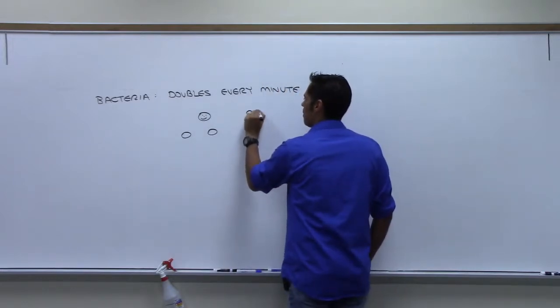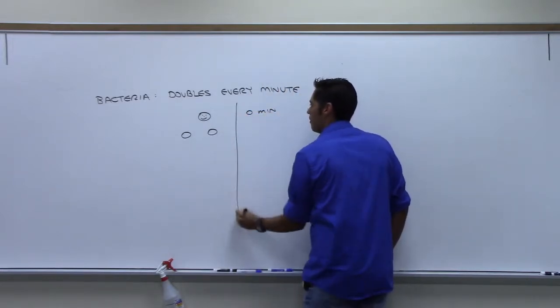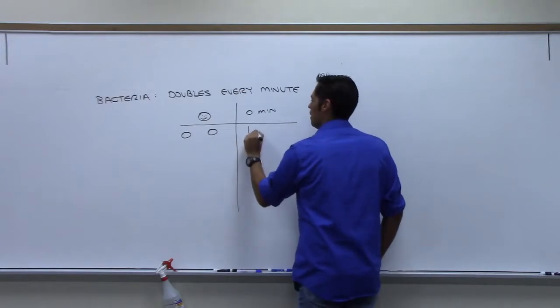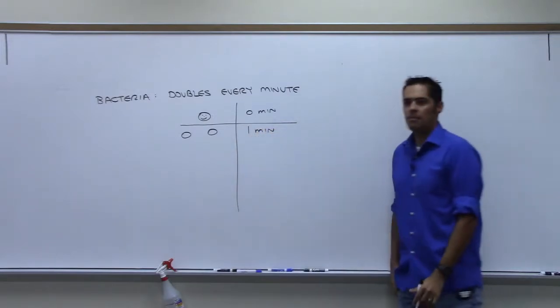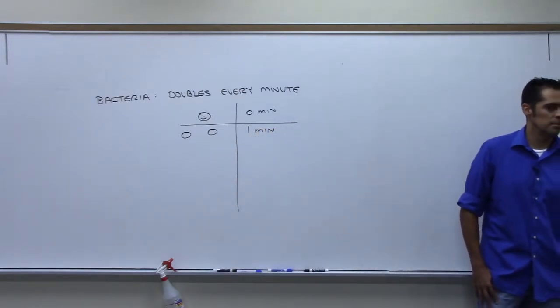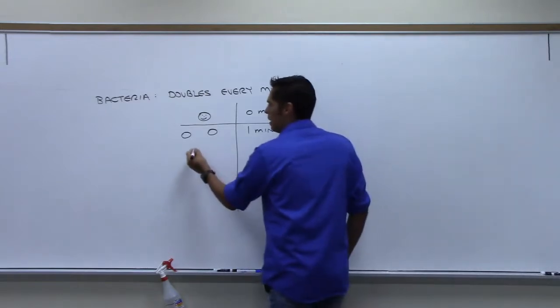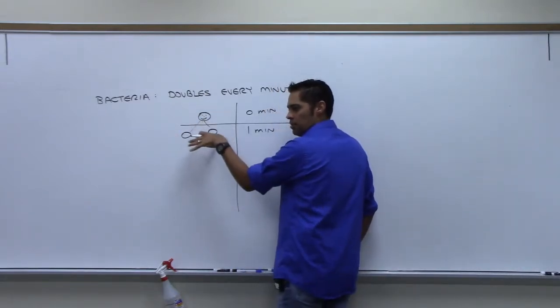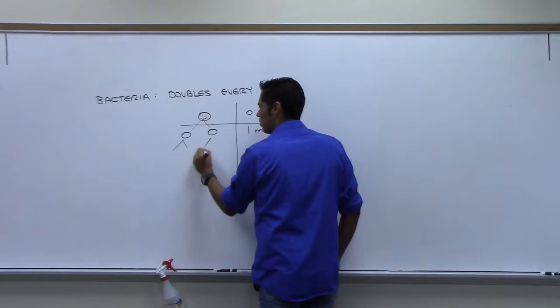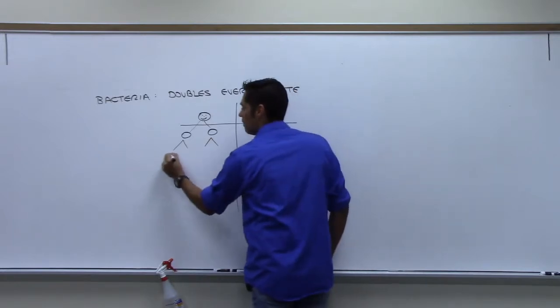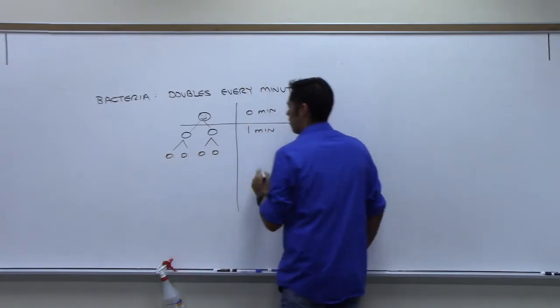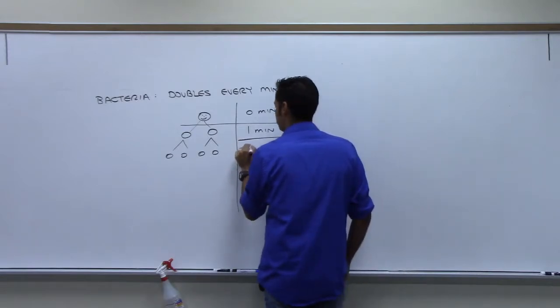So this is 0 minutes. I'm going to make almost like a little table here. This is 1 minute. How many should be there after 2 minutes? 4. What's happening here is that one's split into 2, and now the next one's going to split into 2. This one's also going to split into 2, so you're going to have 4 after 2 minutes, right?